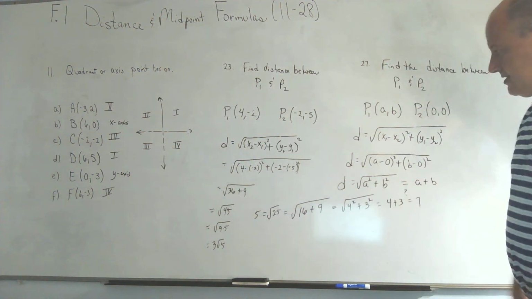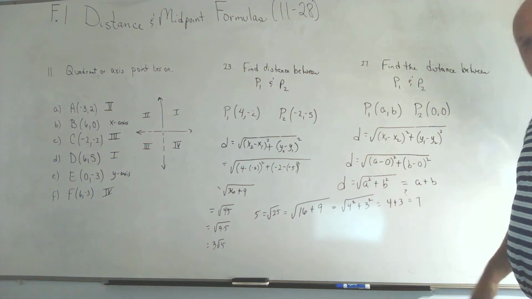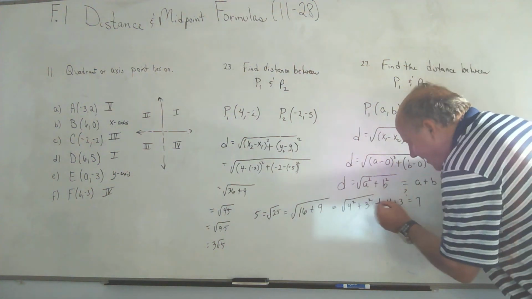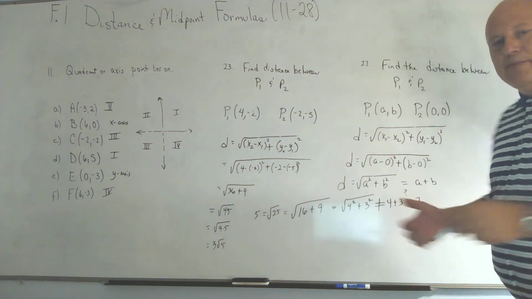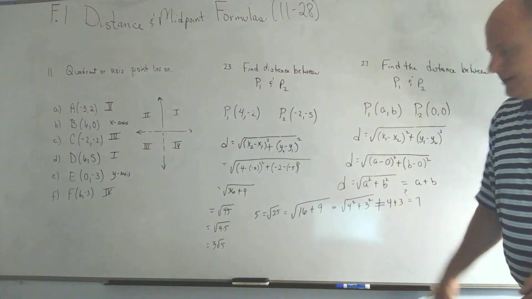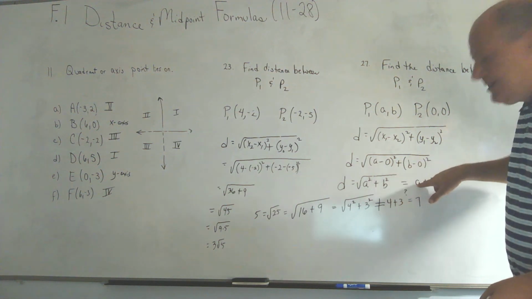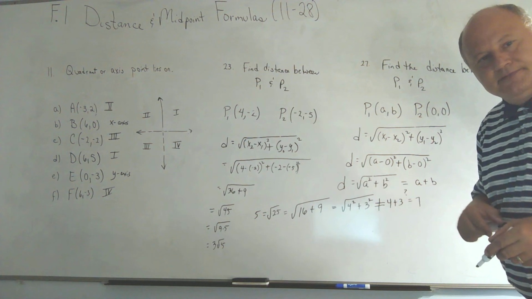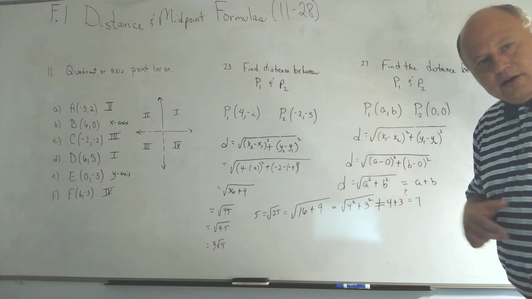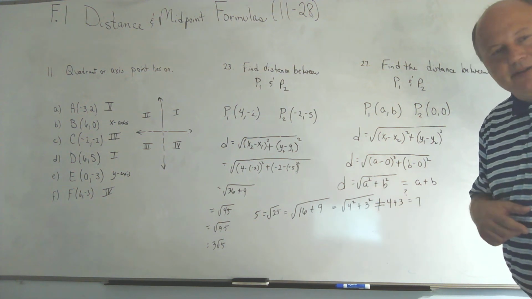And where's the mistake made? It looks like everything is good. The mistake is right there. That's not true. And this is the best way to break that cycle for people: if you think something can be simplified, put numbers in there and see what happens. If the numbers work, then you might be onto something.